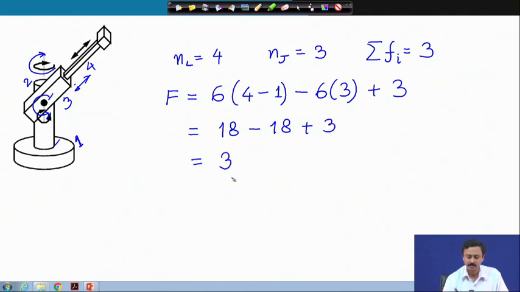Therefore, this has 3 degrees of freedom, and as I have mentioned, these are the 3 actuators that are there. We have a motor here, we have another motor here, and we have a linear motor for the prismatic actuator. So, this has 3 degrees of freedom.